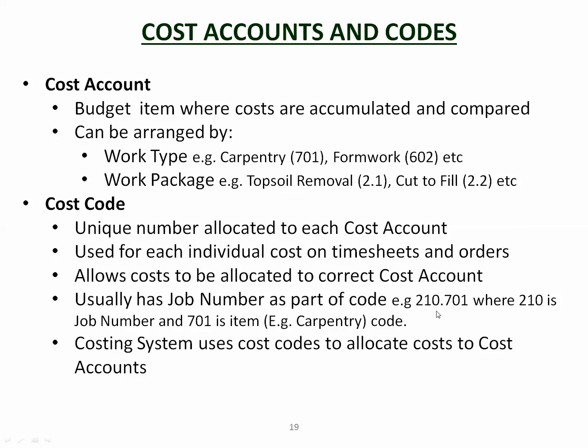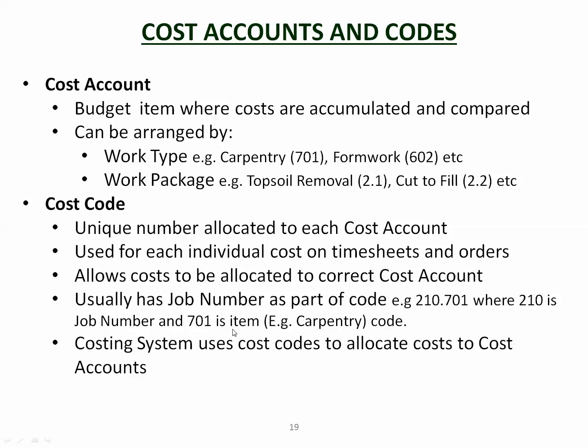So oftentimes you've got a company which is working on a whole lot of projects, and each project will have its own code as well. So for example, you might be working on project 210 and you might be working on carpentry. So the carpentry work you do would be 210.701. So the 210 is the project, and the 701 is the type of work, that particular work that you're doing.